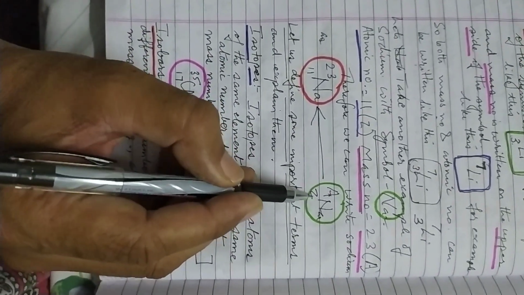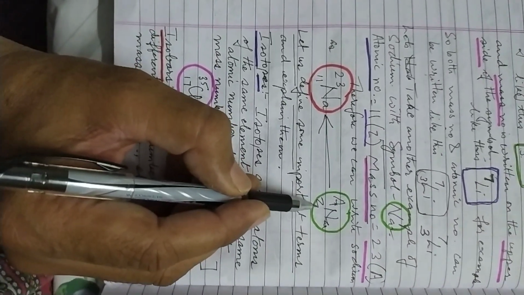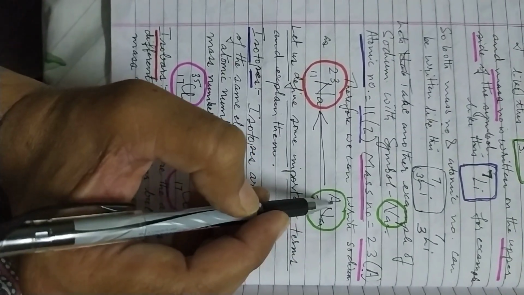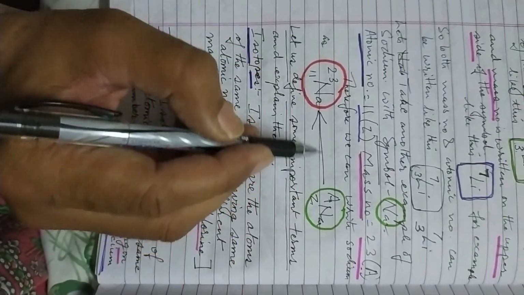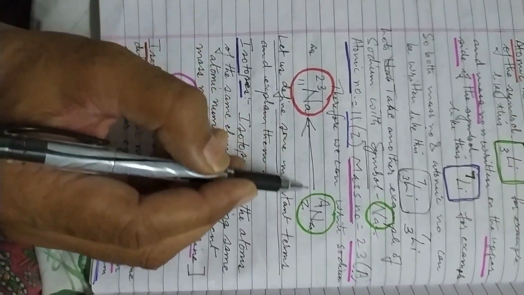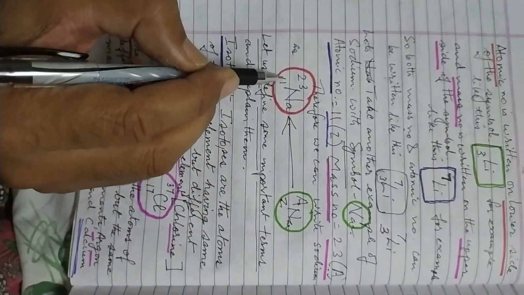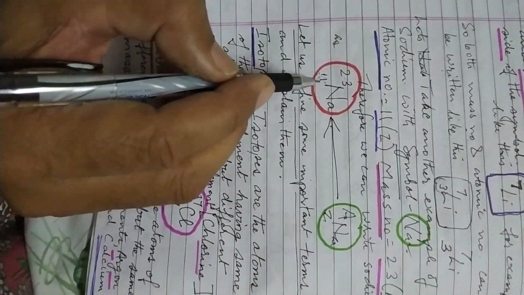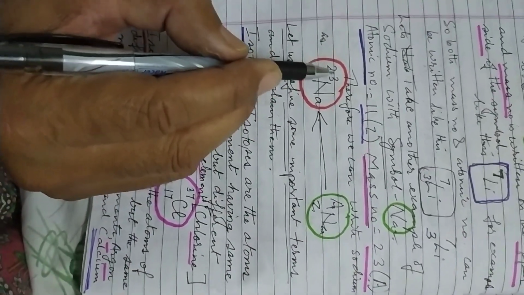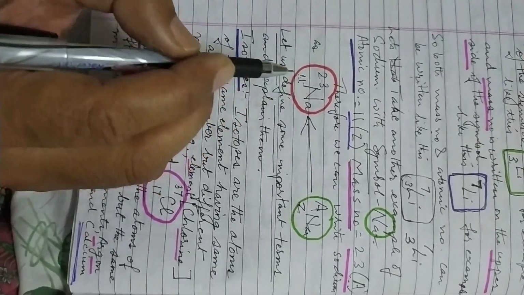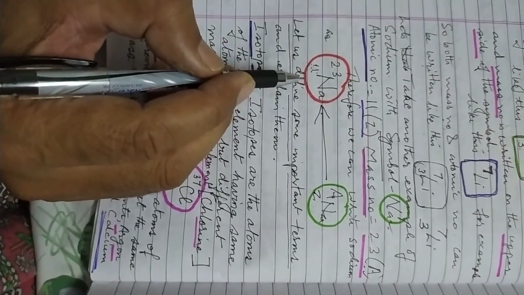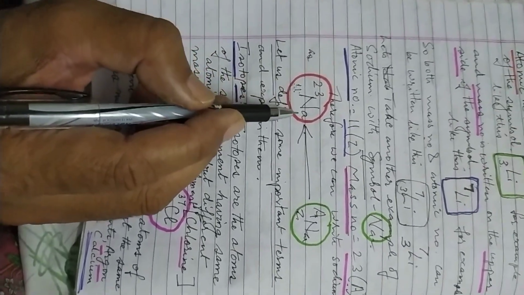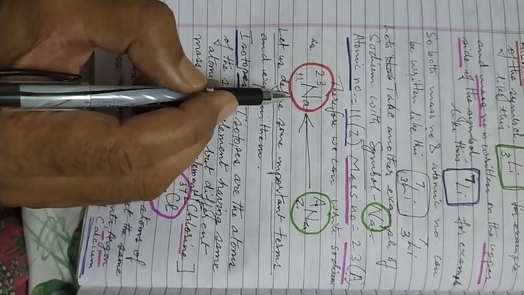Z is written on the lower side, and the mass number A, which is 23, is written on the upper side. Z is 11, so we write the atomic number Z here near the symbol of sodium, and the mass number 23 on the upper side. So this is how, children, you can represent the atomic number and mass number of the atom of an element.